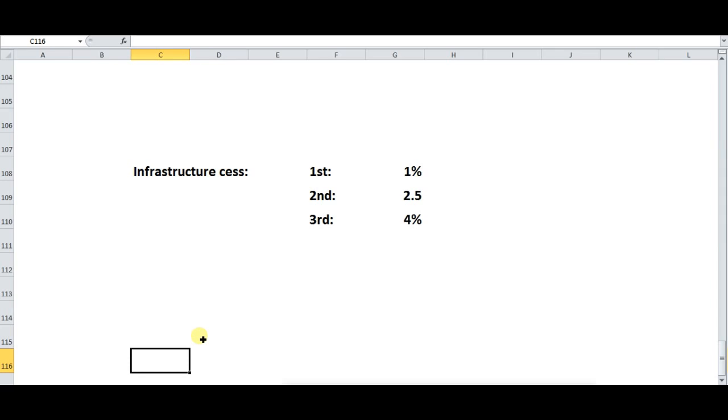Some states are collecting 5% of entry tax, some 7 to 8%, and some 10%. Well, so finally, you are paying 25 different taxes to the central government and state government.